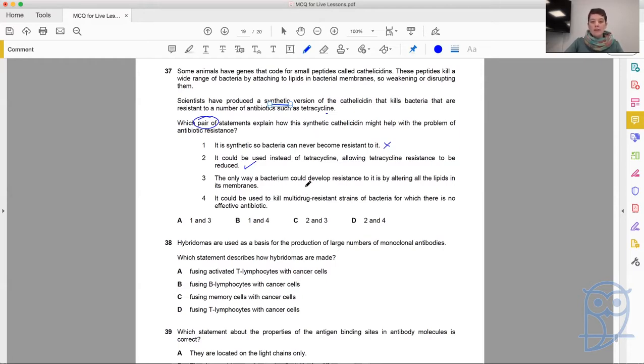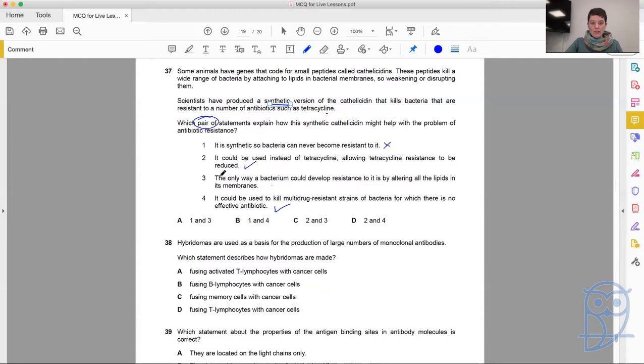The only way a bacterium could develop resistance to it is by altering all the lipids in its membranes. That sounds a little bit too general, so I'm not too happy with that one. So let's check the 4th. They could be used to kill multi-drug resistant strains of bacteria for which there is no effective antibiotic. Well, that's true, because this is not an antibiotic that we're working with.